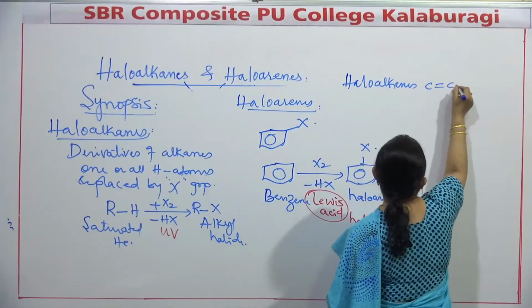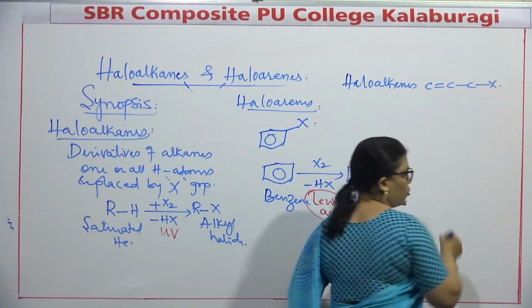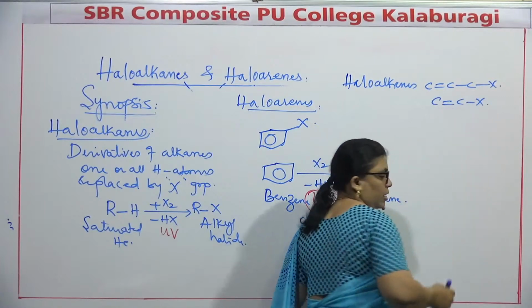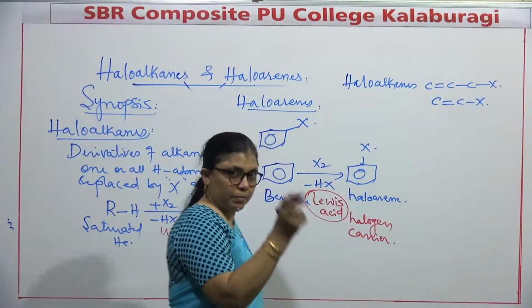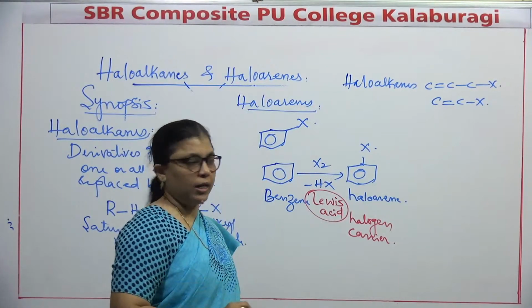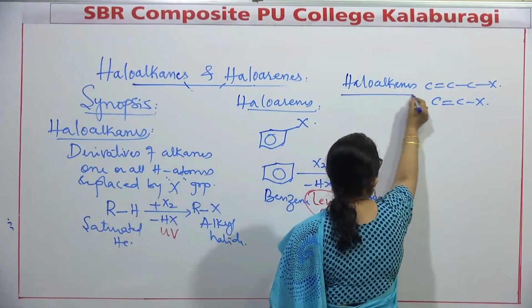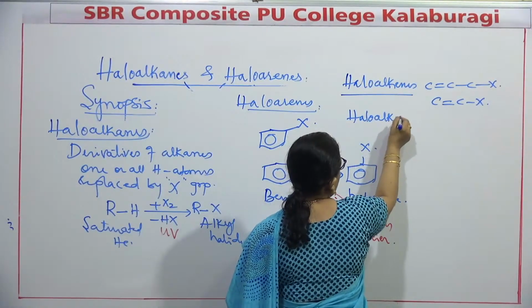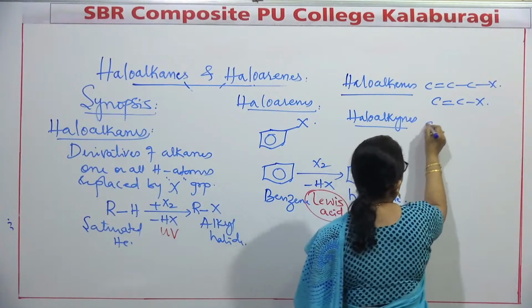This is a chain of carbon-carbon single bond, double bond, all will be there. So whenever the halide group is present in a chain which contains a carbon-carbon double bond, they are called what, children? Haloalkene. Similar way, haloalkyne.